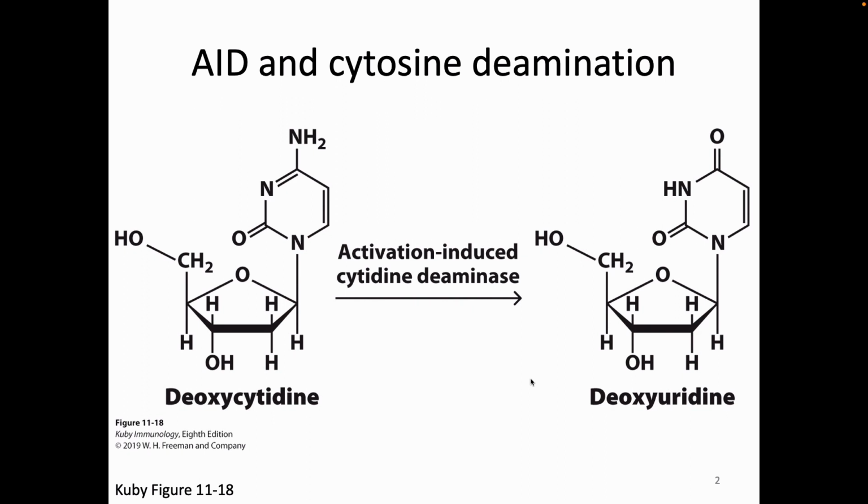AID stands for activation-induced cytosine deaminase. And you might look at that name and say, Dr. Barker, that is a terrible acronym, because there's a C there. However, when we talked about T cell activation previously, I told you about the contraction phase and that cells die.